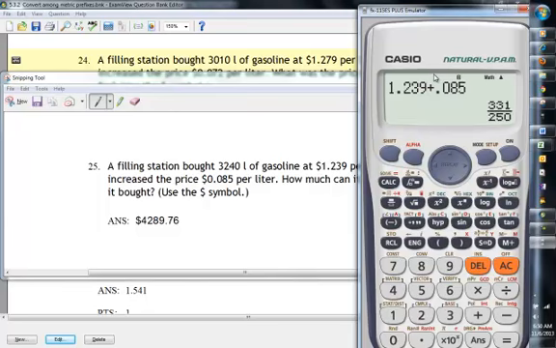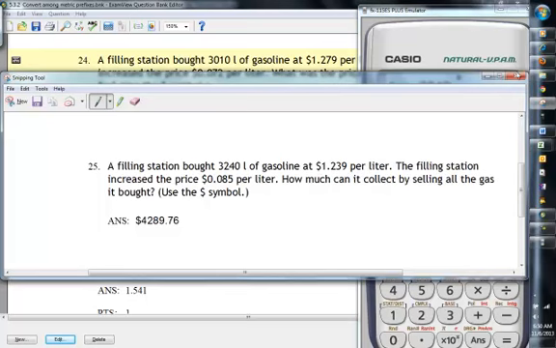It's going to sell it for a total of $1.324 times the number of liters that it bought, 3,240, and it will make $4,289.76 on the sale.